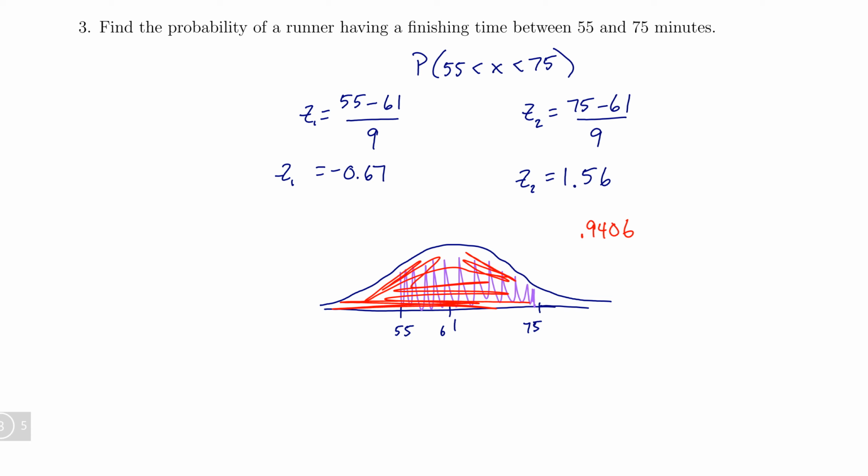Since we're looking for the purple shaded area, we are looking to subtract out this area that's only shaded in red. This is the area to the left of 55, which we can get by looking up the z-score of negative 0.67.